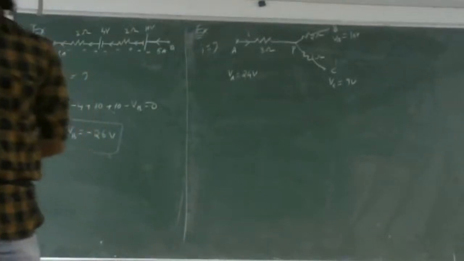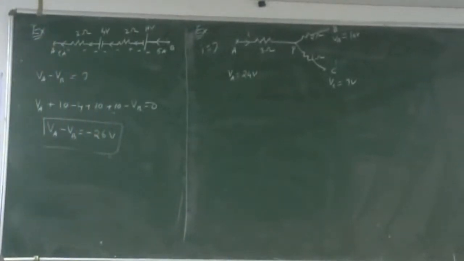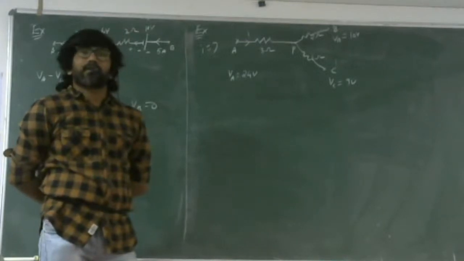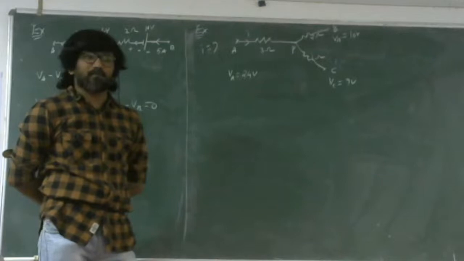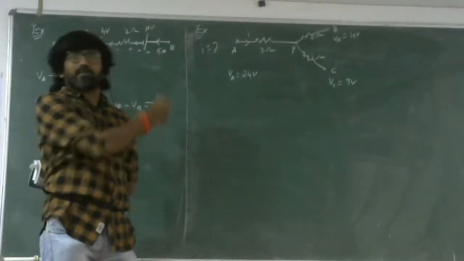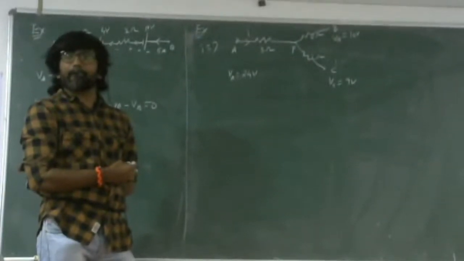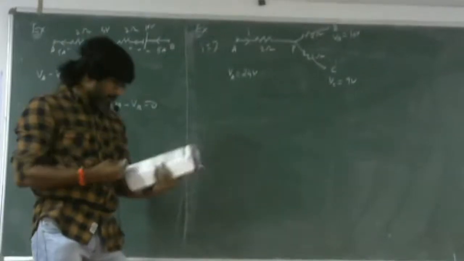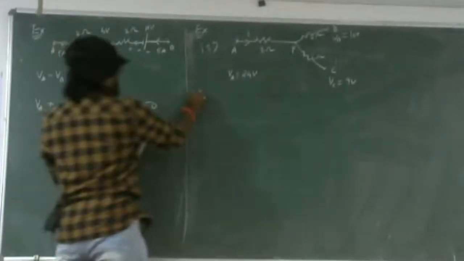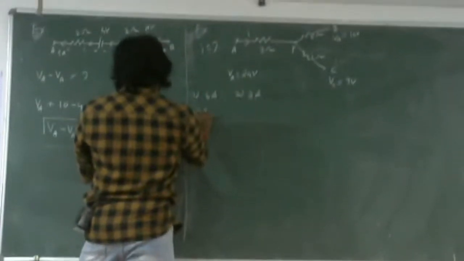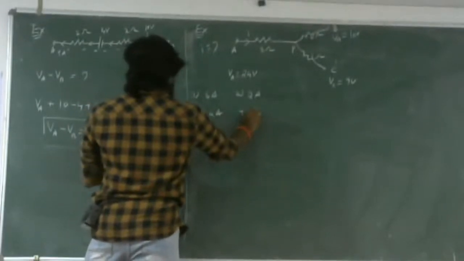What is I? You guys are trying. Do you want some more time, or can I give the explanation? Four options, let me give you the options as well. First option 6 amps, second option 2 amp, third option 4 amps, fourth option 7 ampere.